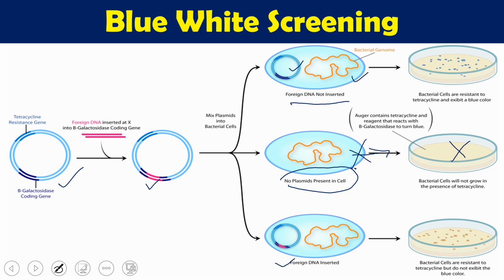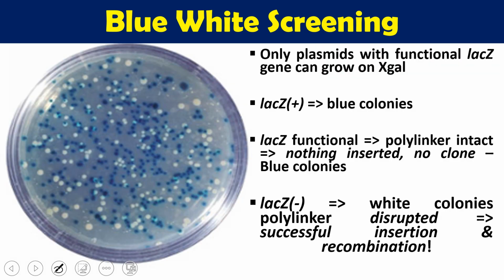This one will grow, but because the LacZ gene is intact, beta galactosidase enzyme will be produced from the LacZ gene, and it will metabolize X-gal and give a blue color. And here the recombinant vector is there, so it will give you a white colony. So this is the summary.